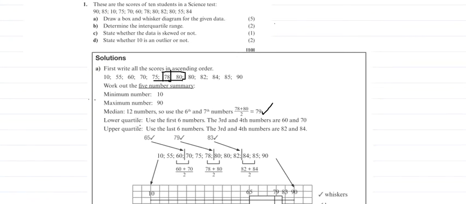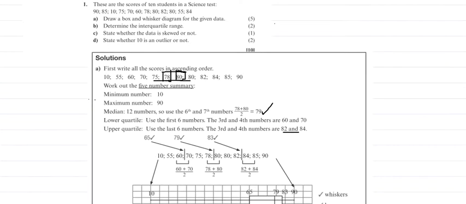The upper quartile also would be from 80 upwards, which would give us our 6 numbers. Remember 79 is inserted between the two, 78 and 80. So we have our 6 numbers. The middle two are 82 and 84, which we add and divide by 2, and we get 83.